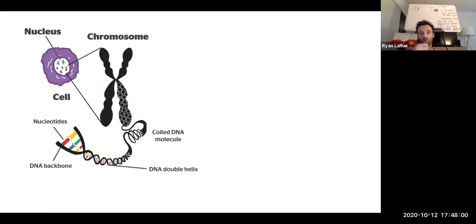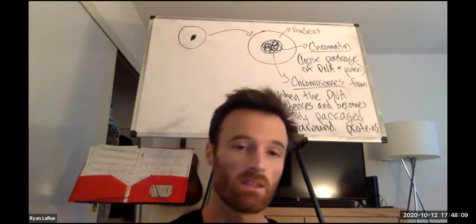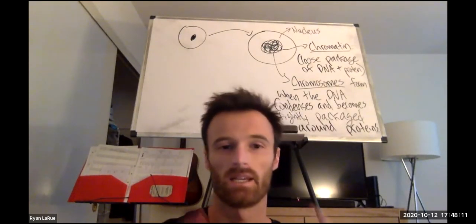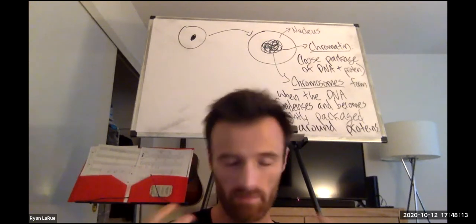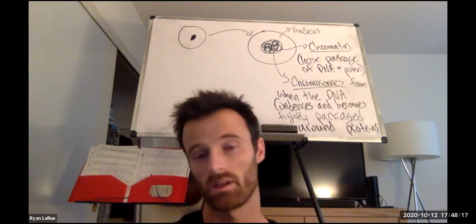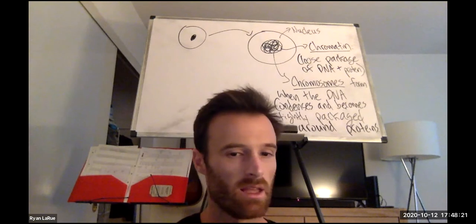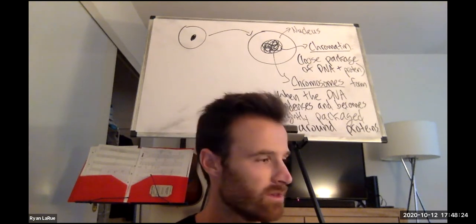And then when it coils up and packs together like this, we call these individual chromosomes. And they actually, there are in the human body, in the majority of our cells, 46 of these chromosomes. Okay. Those are the first two terms.